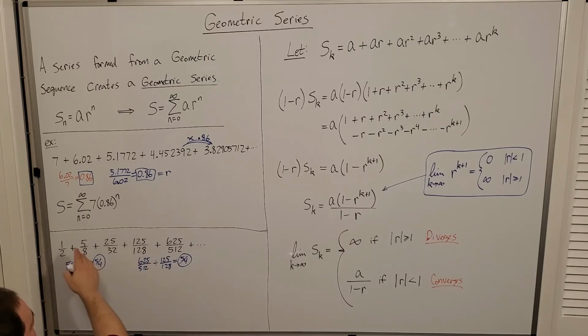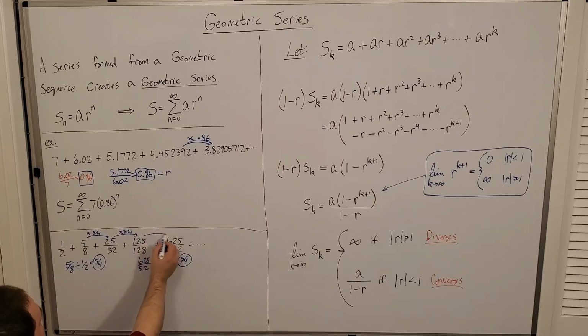Therefore, I'm getting 5/4 everywhere. I know I only did 2 of them, but notice if I did 25 over 32 divided by 5/8, right? That's a multiplication there of 5/4 to get from that term to that term, right? Times 5/4 there, times 5/4 here, times 5/4 here.